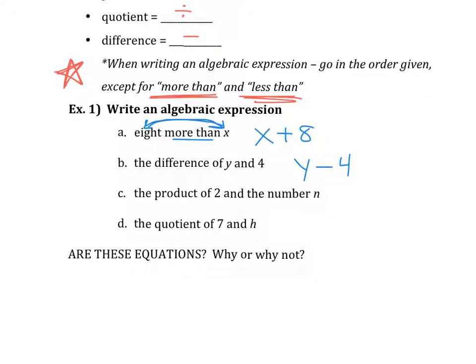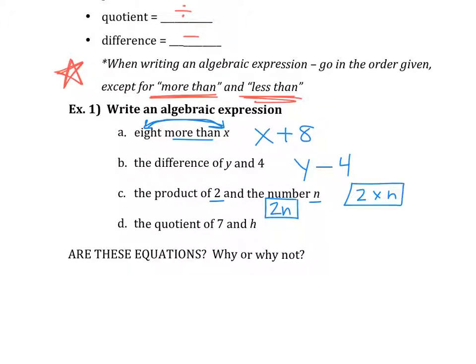All right, C is the product of 2 and the number n. What's product? Multiplication. So you could write it 2 times n, but easier than that, you can just write it how? 2n, right? Just put them next to each other. So I would write it 2n, but you can write it like this.